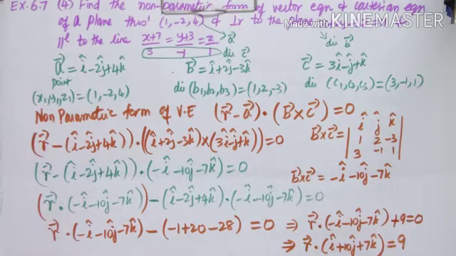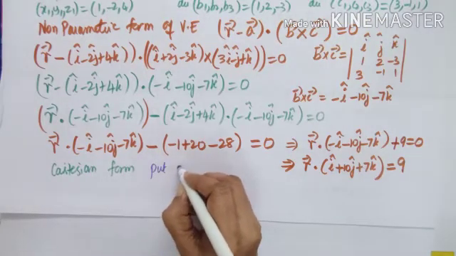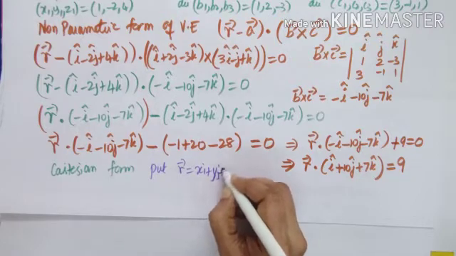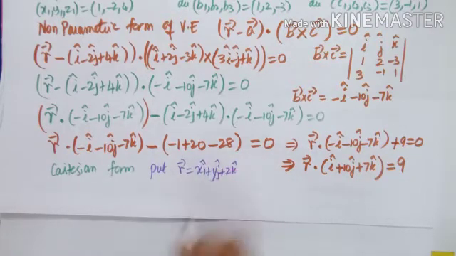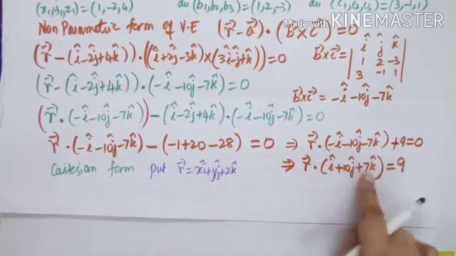Now we need to write the Cartesian form. For Cartesian form, put r vector equals xi plus yj plus zk. Dot implies i and i, j and j, k and k.